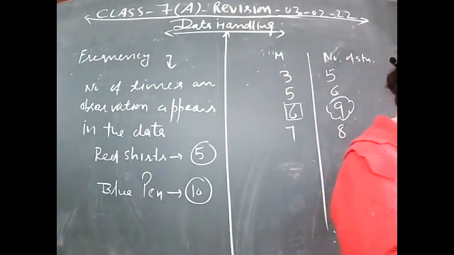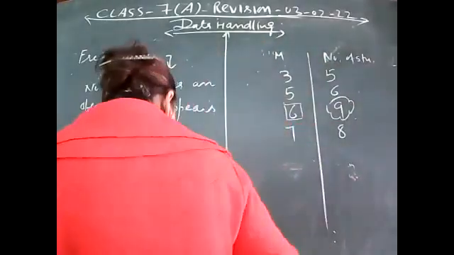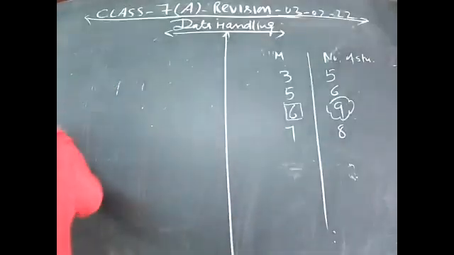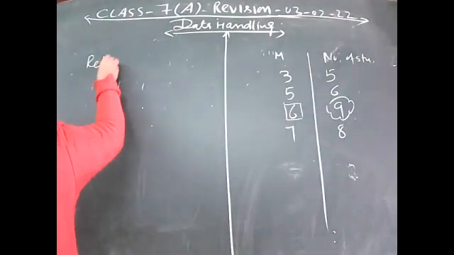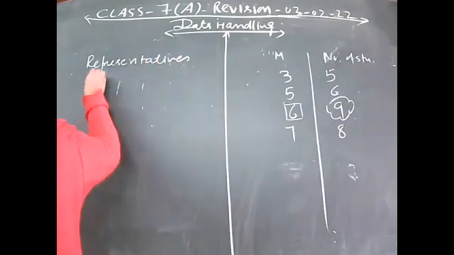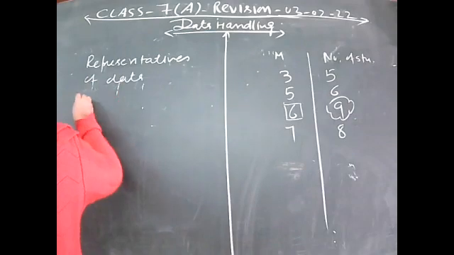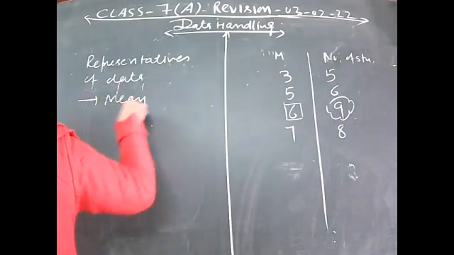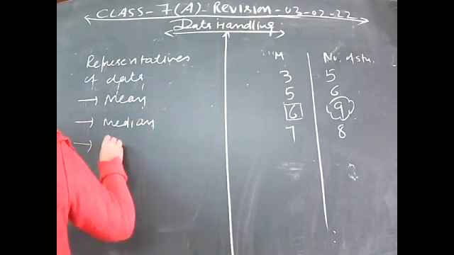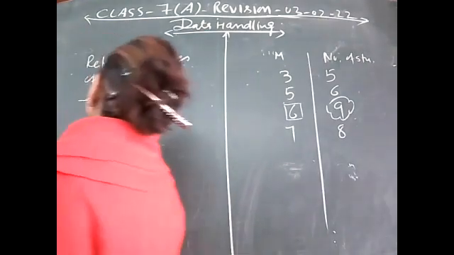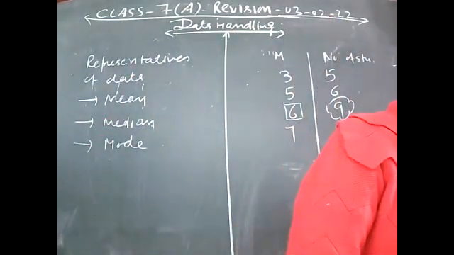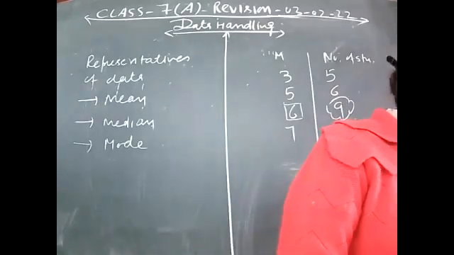Then data has some representative values. One is mean, then median, and then mode, which are called measures of central tendency. That means central location.